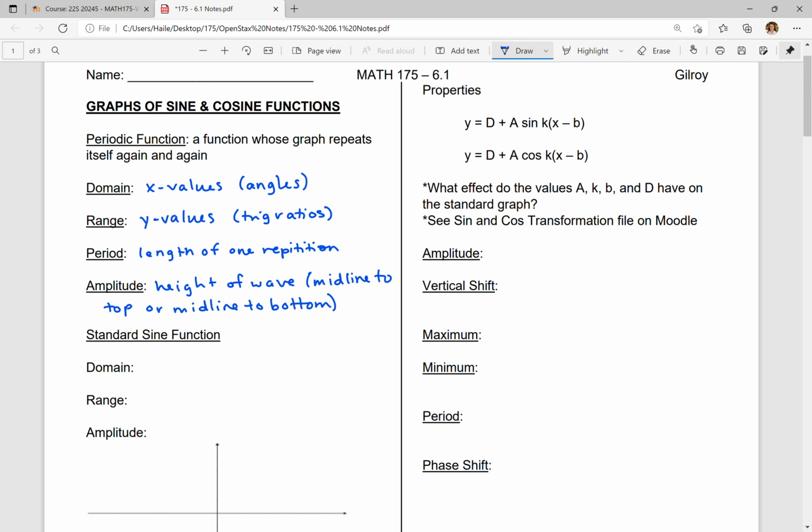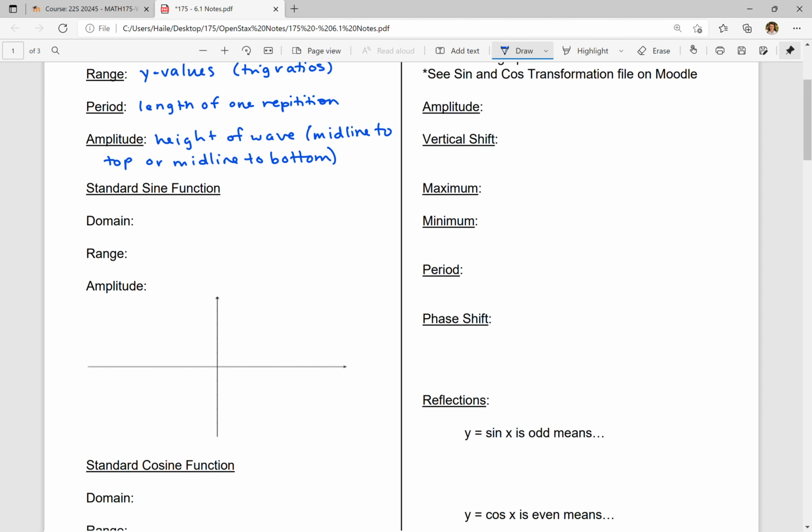First, let's talk about the standard sine function. When we write the equation for sine, we write it as y equals sine of x. That is how we write the most basic sine equation. We already talked about the domain and range, but let's refresh your memory.